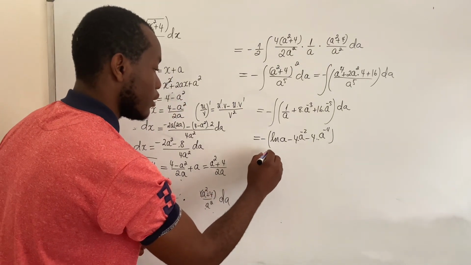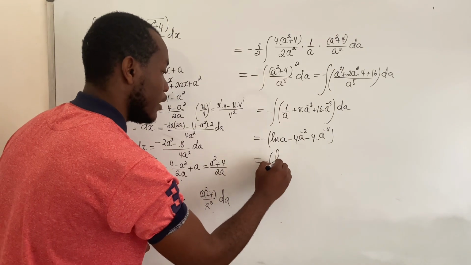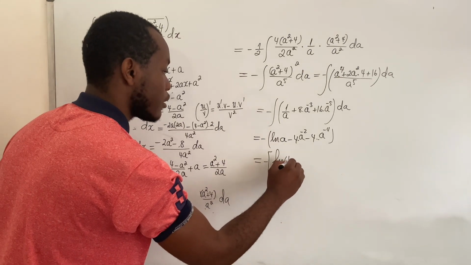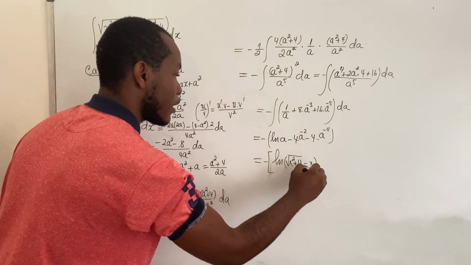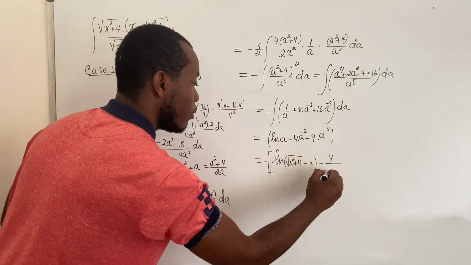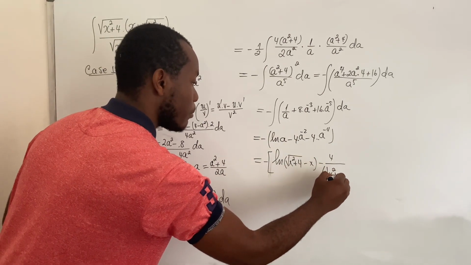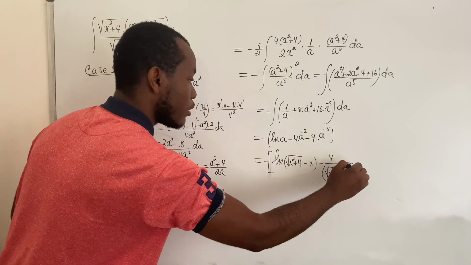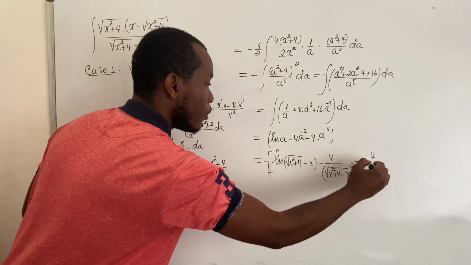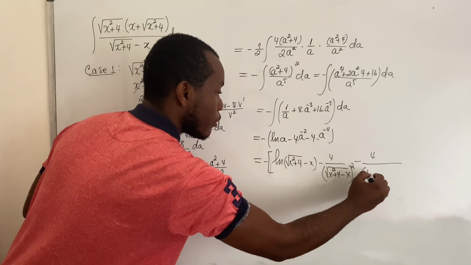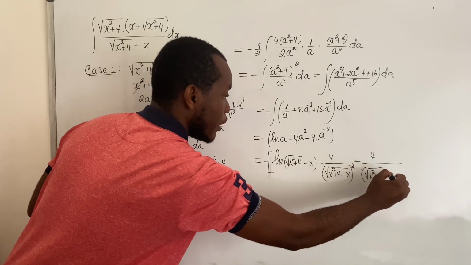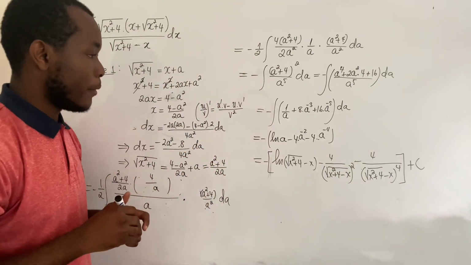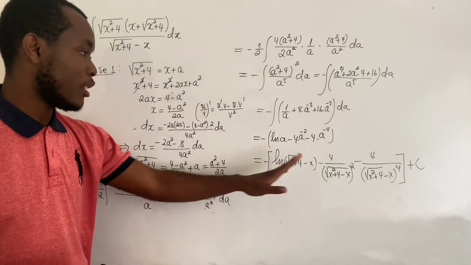This means that we're going to have minus ln of the square root of x squared plus 4 minus x, minus 4 over the square root of x squared plus 4 minus x, all to the power 4, all that plus c. Now if we check, this negative can come inside to multiply, it's not a problem.